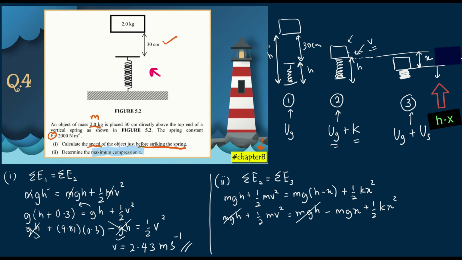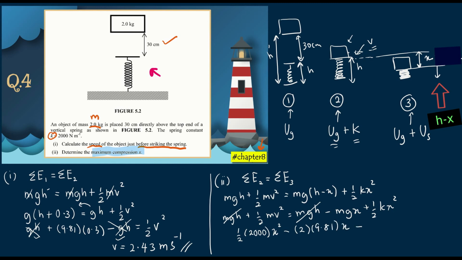Now we can straight away substitute the values, because we want to have x here. Our k is 2000, so half times 2000 x squared, minus our m, the mass, 2 times 9.81 x.